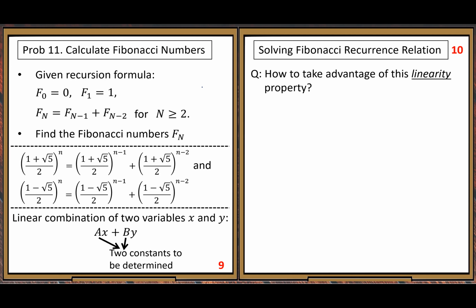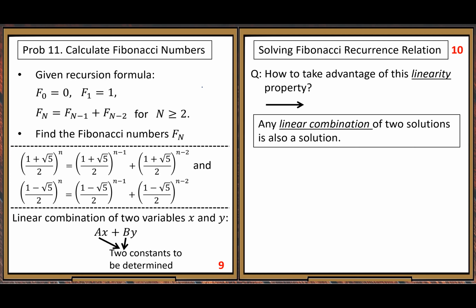If you add them together, you get another solution. If you do a linear combination, you get another solution. That is the reason the linearity property is useful here. Any linear combination of two solutions is also a solution.